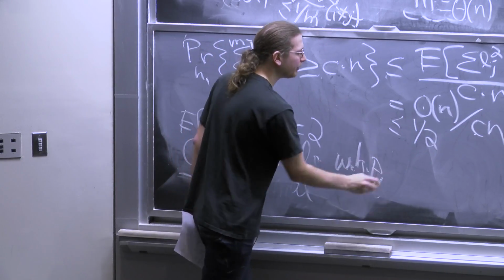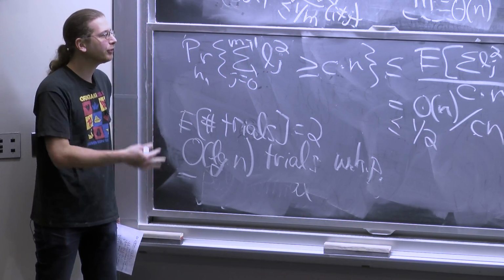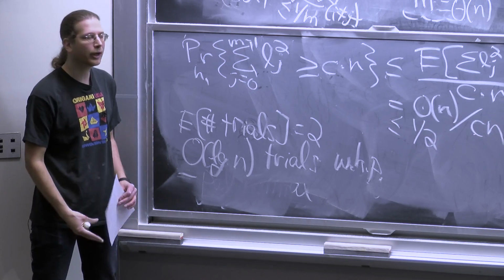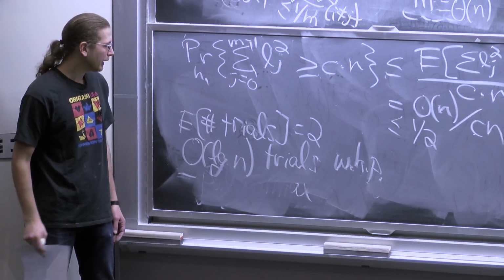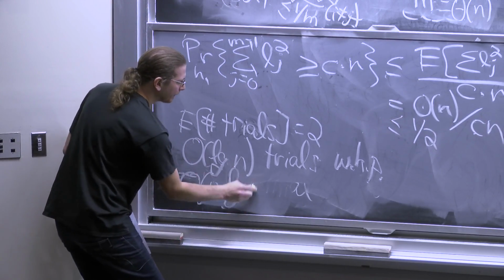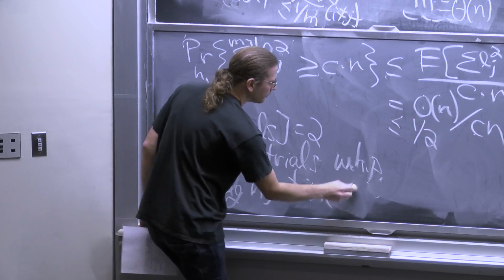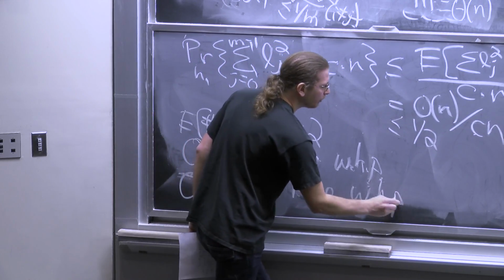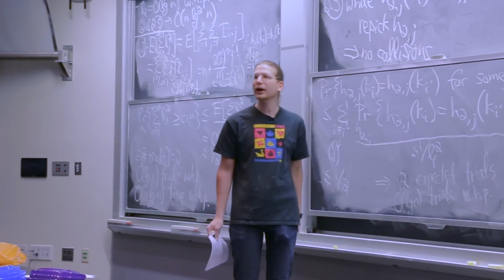How much time do I spend for each trial? Linear time. I choose one hash function, I hash all the items, and I count the number of collisions squared, or the sum of Lj squared. That takes linear time to do. And so the total work I'm doing for these steps is n log n. So n log n to do step 1 and 1 prime, n log squared n to do steps 2 and 2 prime.